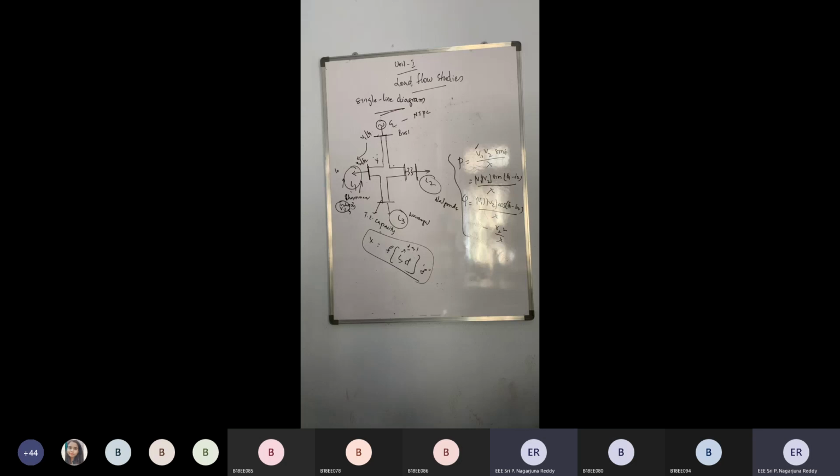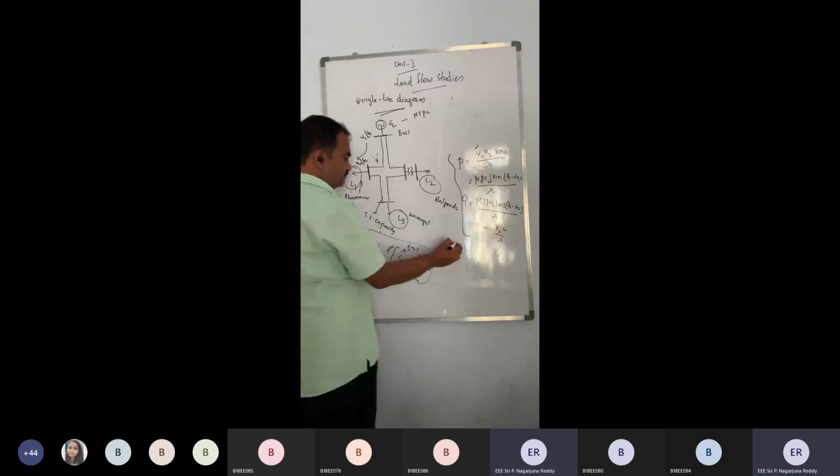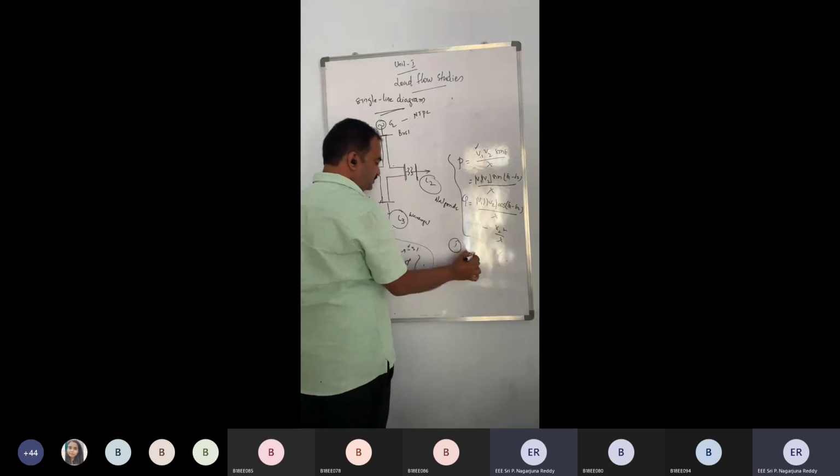So if I want to increase the loading of the transmission line, I am supposed to vary these parameters. And on the converse, as an electrical engineer, suppose you want to know the power flows in the transmission system, what are you supposed to do? First of all, you are supposed to compute the voltage at all the buses.